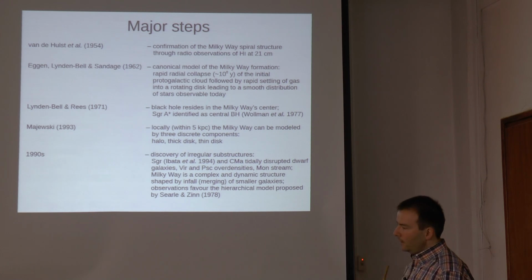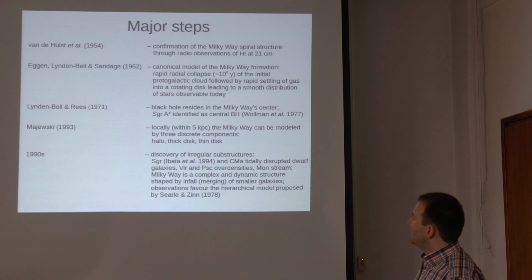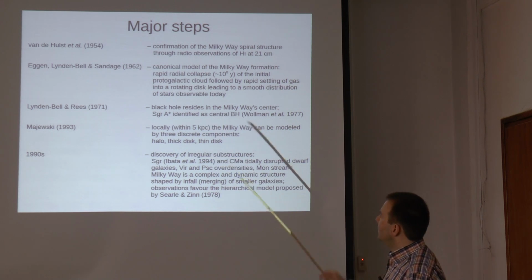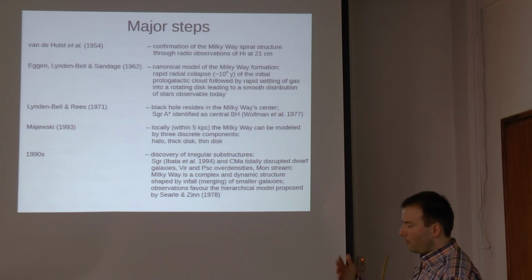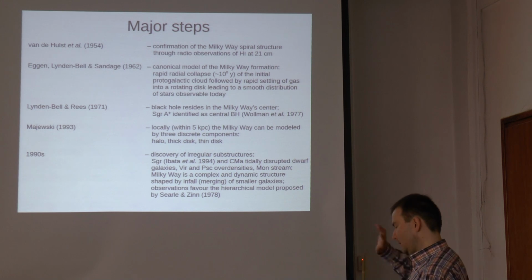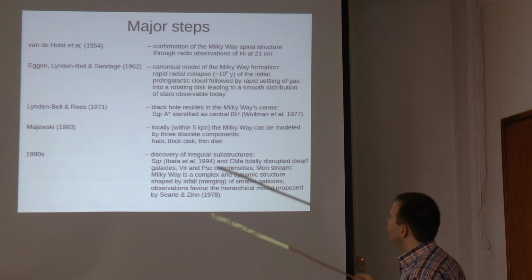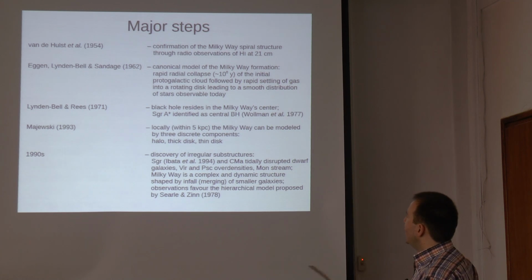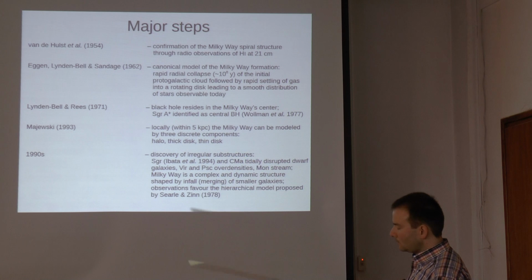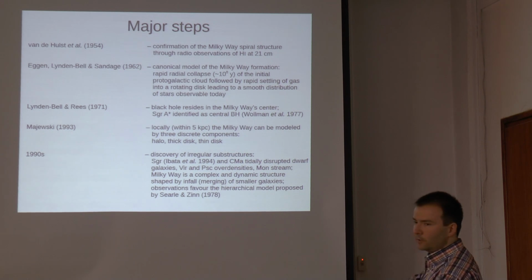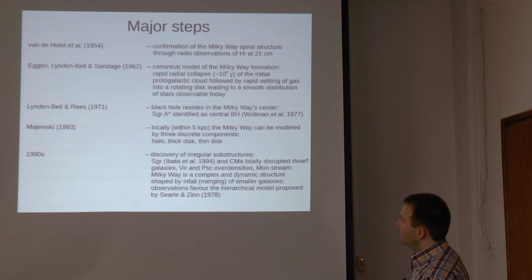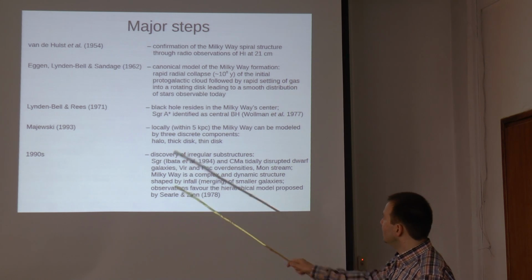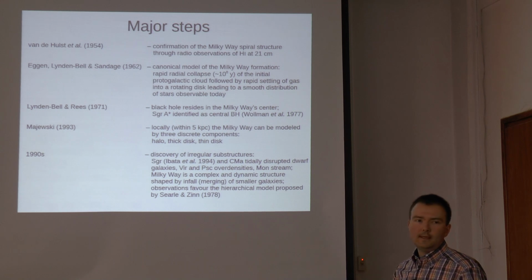And later, with different surveys, it was found that we can divide the stars in our vicinity into stars forming the galactic halo, and disk stars, thick disk stars and thin disk stars, closer to the galactic plane, on more circular orbits, younger stars. And then in the 1990s came the unusual discovery of the Sagittarius dwarf spheroidal galaxy.